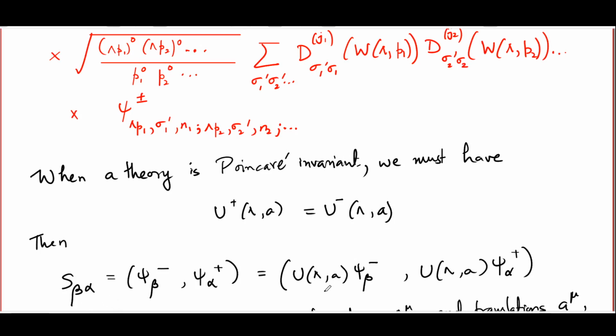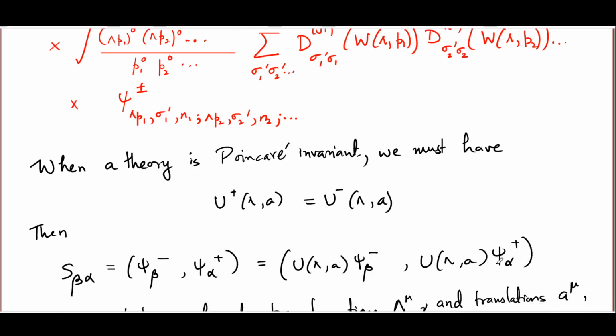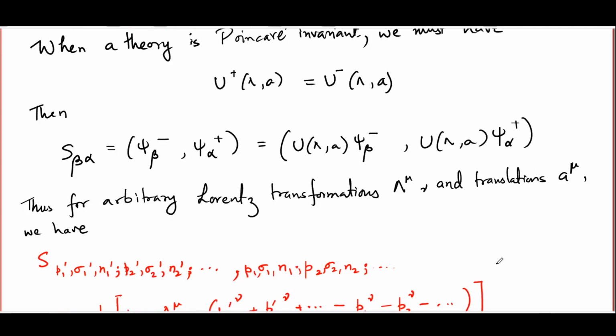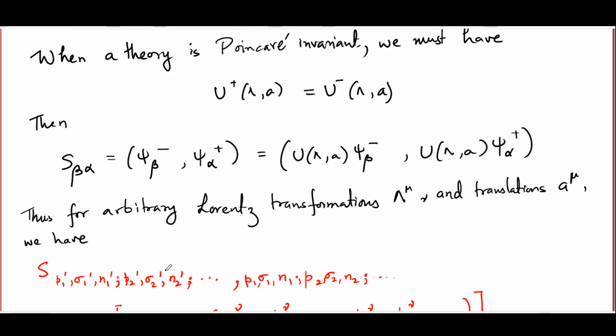Now just writing down the action of U(Λ, a) on Ψ_β minus and Ψ_α plus and calculating this matrix element immediately gives us the following result. S_βα, here for α, the initial state, I have used p1 σ1 n1, p2 σ2 n2 and so on. For the final state, β, I have used prime variables.